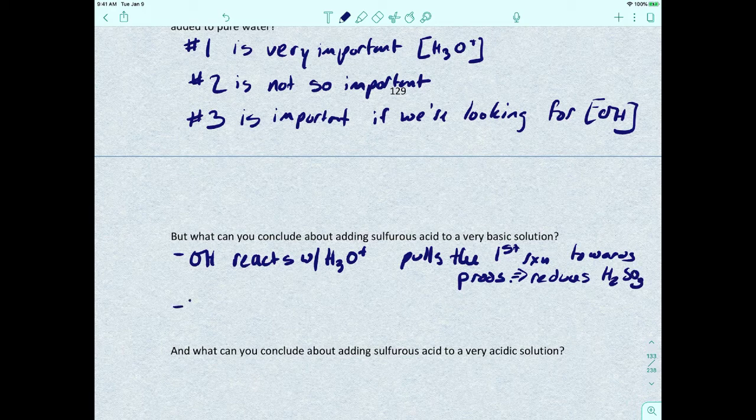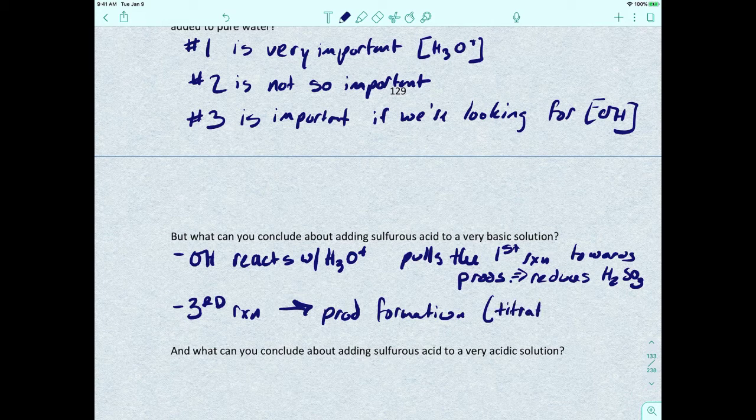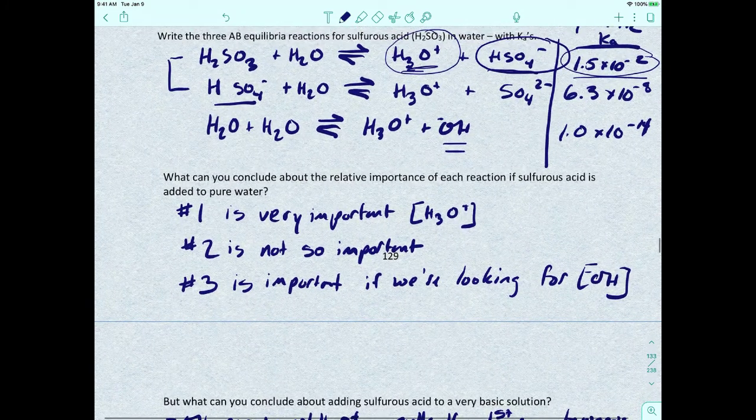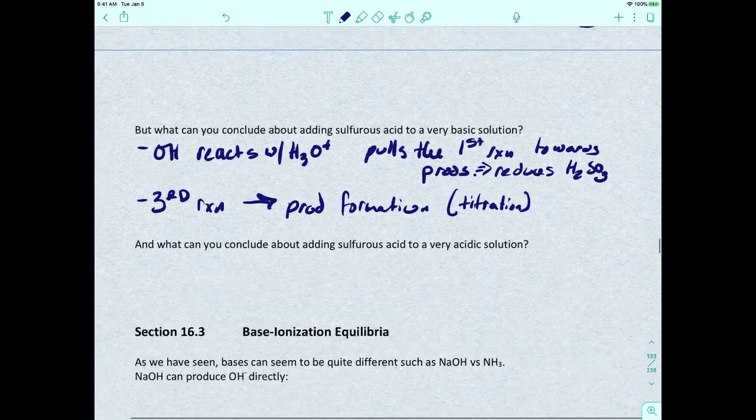And then the third reaction will go towards product formation. Essentially, the third reaction would be a titration. If the first reaction is producing H3O+, then that H3O+ is really going to be titrated against that hydroxide ion.